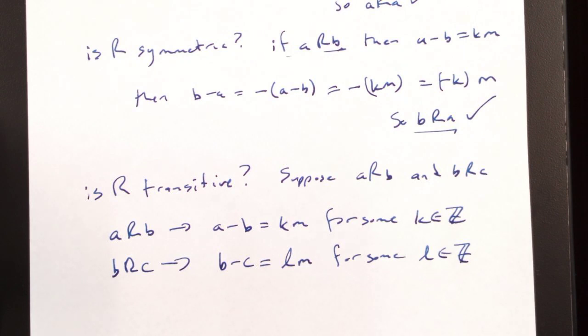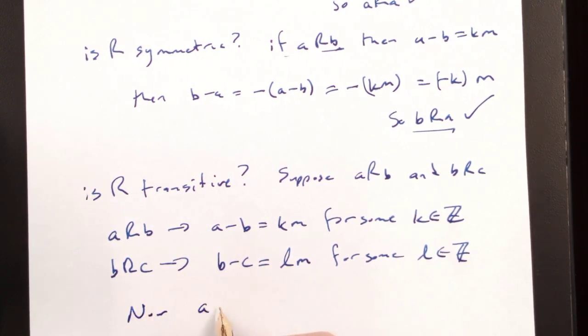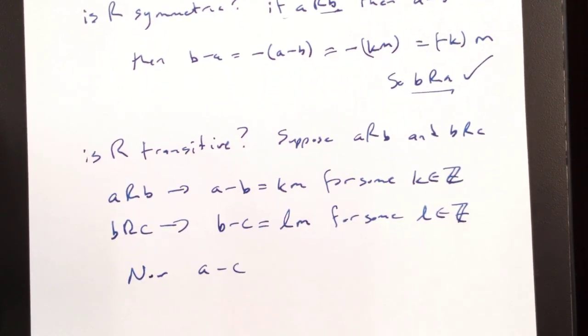So now I've got to look at A minus C. Well, crap. I don't have anything about A minus C. I have A minus B, B minus C. I don't have A minus C. How do I get there from here?